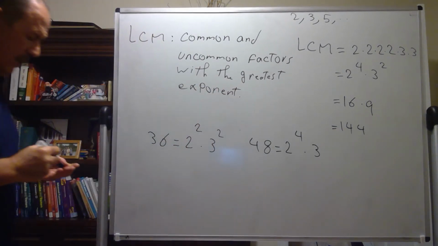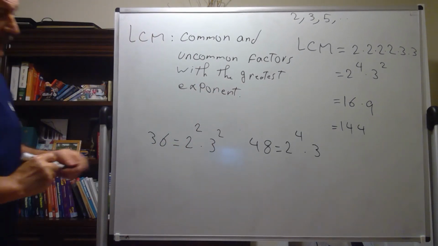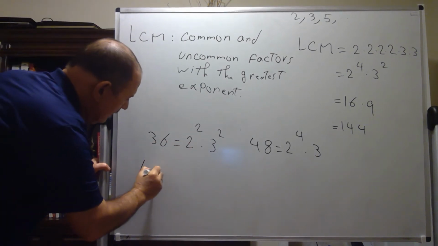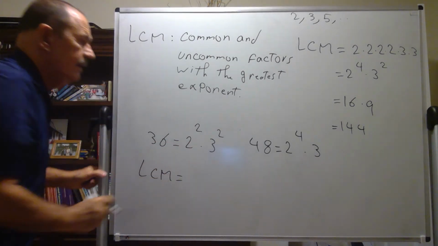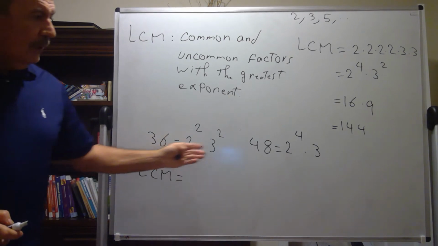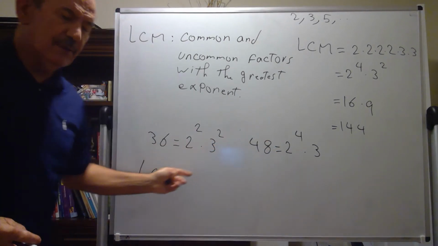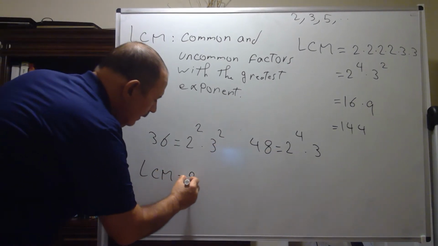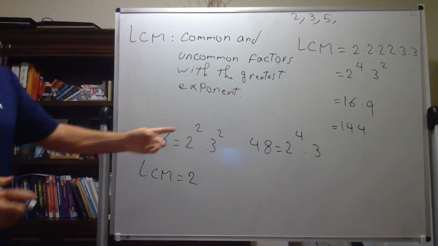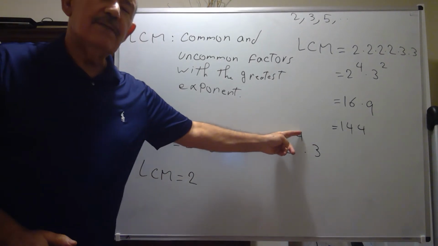Okay, so look at this one. The LCM of these two, the LCM of 36 and 48. 2 and 2 are common factors, so we select this one. The exponent of this one is 2, the exponent of this one is 4.